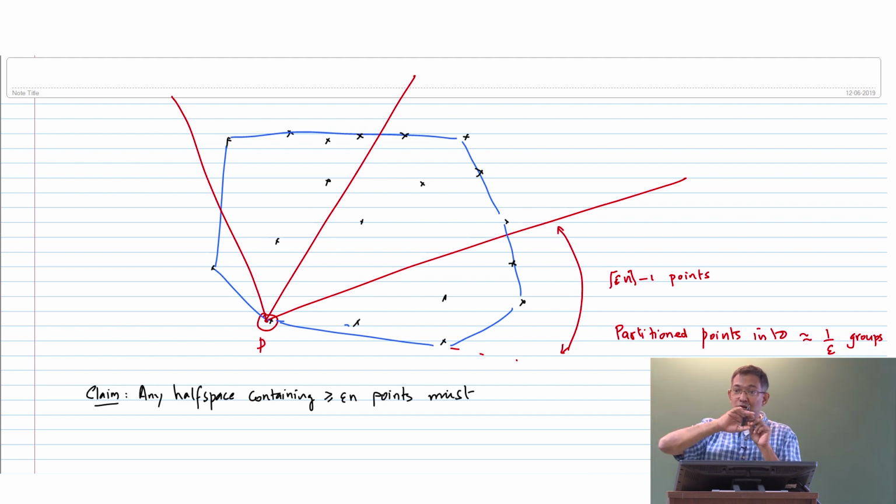Each wedge has less than 1 over epsilon points. Less than epsilon n points, strictly less than epsilon n points. And a half space is large if it contains at least epsilon n points.